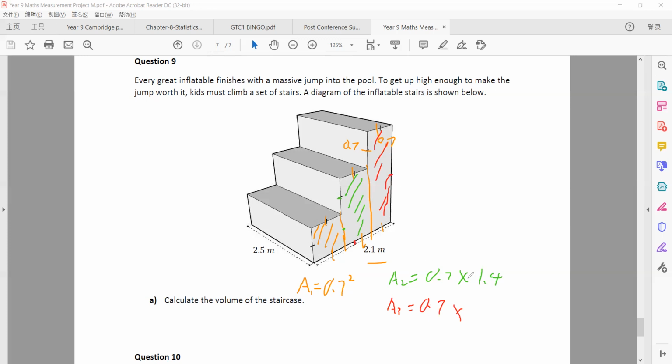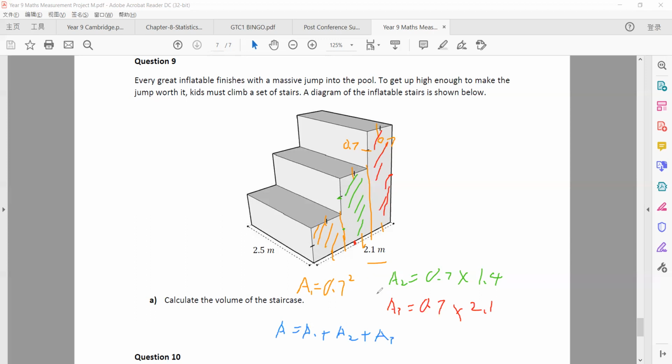So you get the areas of A1, A2, and A3. For the total cross-sectional area, I use blue: the total area equals A1 plus A2 plus A3. That's the total cross-sectional area.